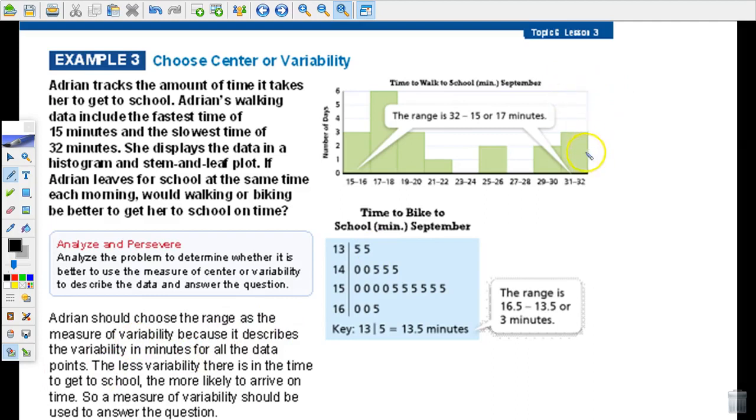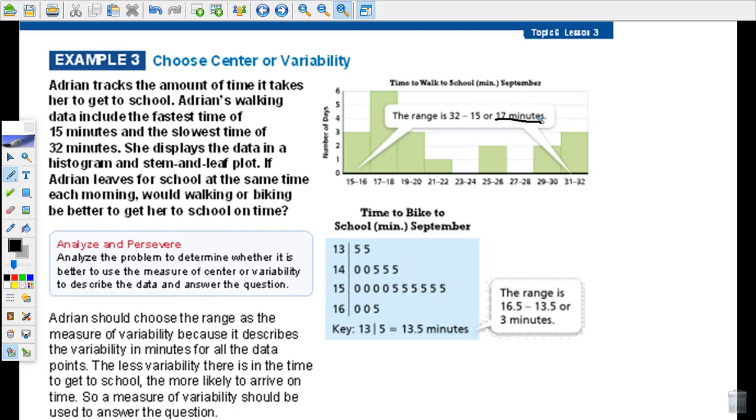So they say 32 minus 15. That would be 17 minutes. Okay. Her variability would range around 17 minutes. So the average time of her going to school would be about 17 minutes while walking.